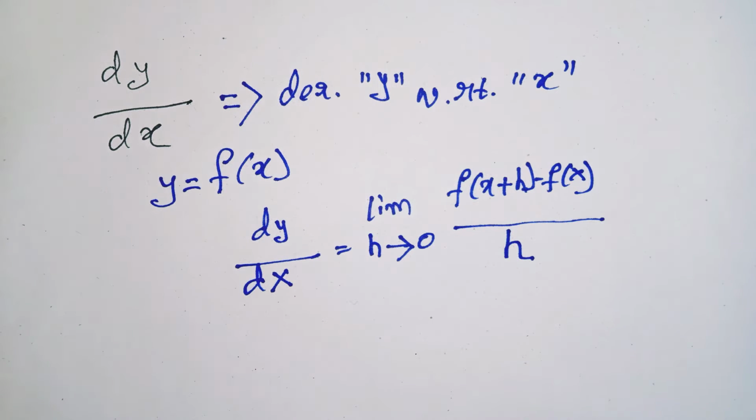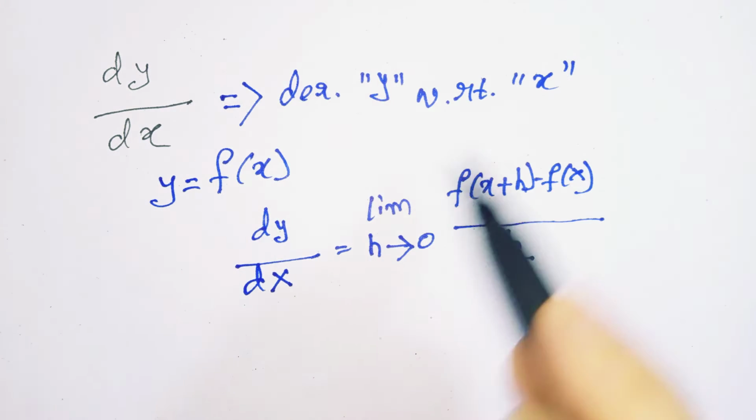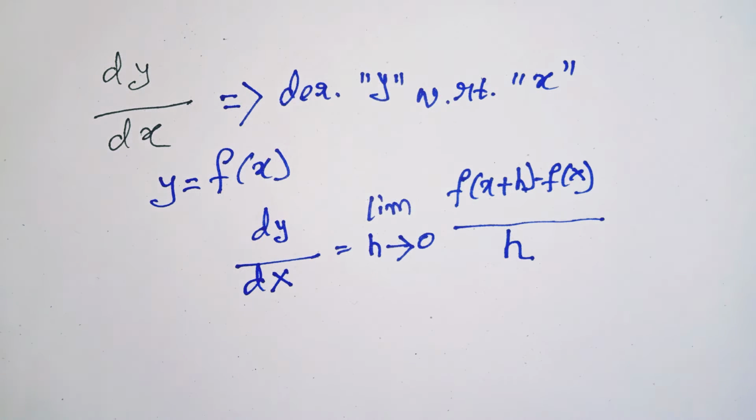This is the particular notation which we have seen earlier. So when we use this notation dy by dx, what we are trying to tell is the derivative of y with respect to x. This part is called the derivative of y with respect to x.